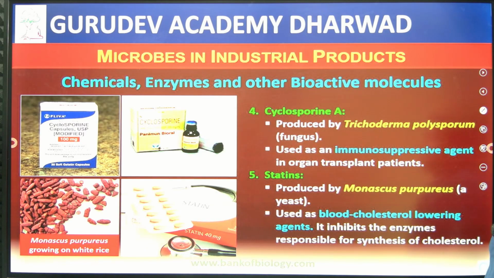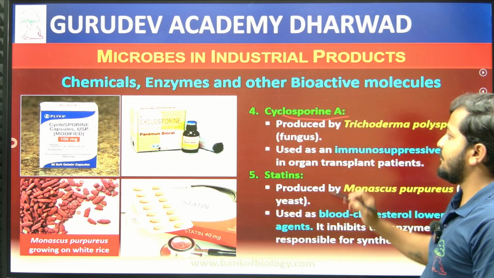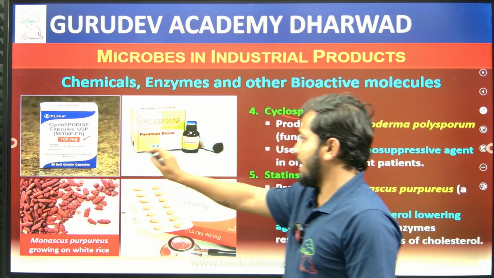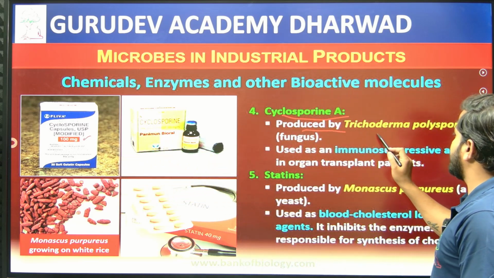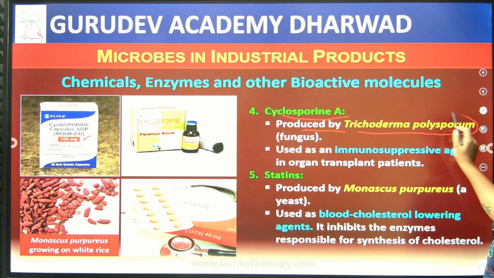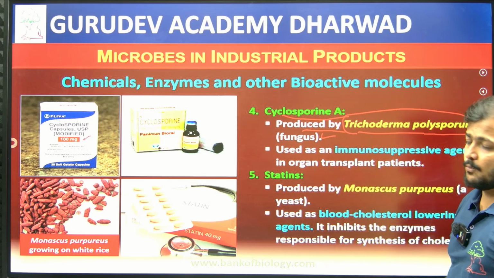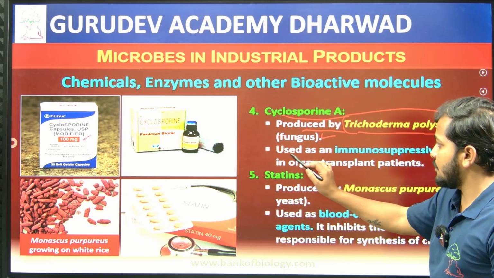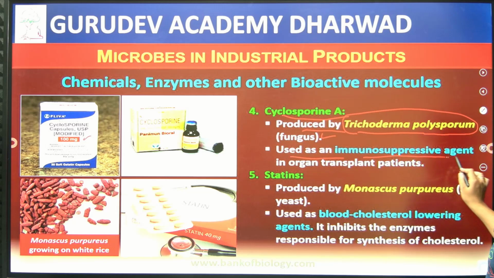Then there is cyclosporin, which is even a drug. We find cyclosporin in capsule form, produced by Trichoderma polysporum, which is a fungus. It produces cyclosporin, which is used as an immunosuppressive agent.